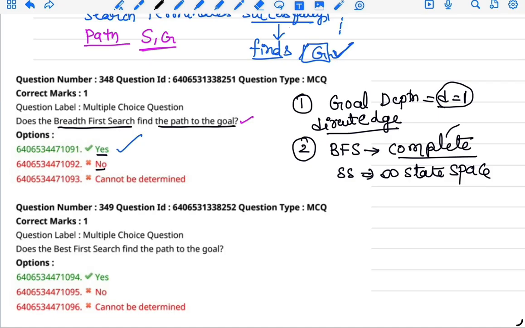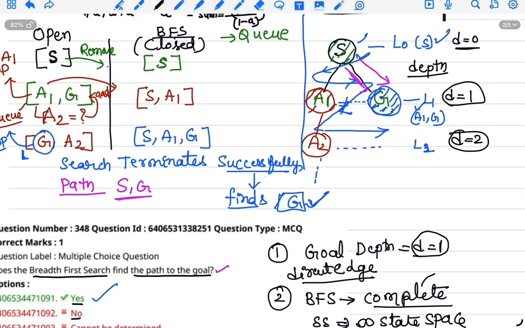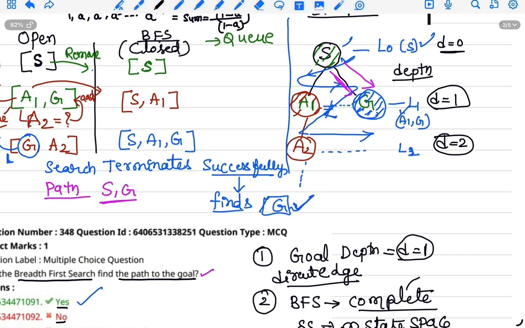It first visits the nodes at depth D, after that it visits the nodes at depth D plus 1. That means first it visits the first level. What are the level 0 nodes? S, right? First it completes all the nodes at level 0, and then goes to the next level, L1.